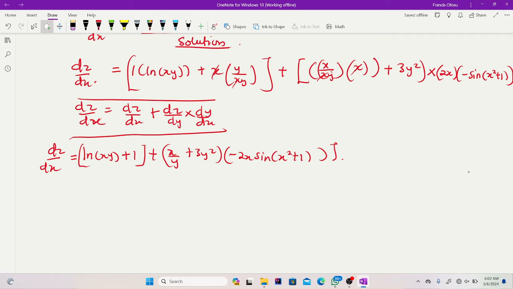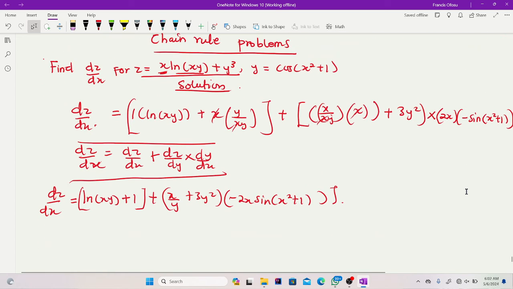X, right? So we're expecting a function of x in the long run. So now let's see. We have to replace y wherever we see y with the content of y, which is cosine of x squared plus 1. So wherever I see a y, I just put that.